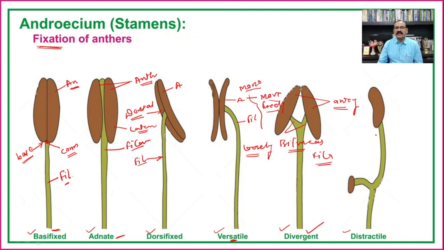Even in some cases, the anther lobes are very much distracted from each other, and hence it is known as distractile type of the fixation. So these are the 6 different types of fixation found in the different plants of the angiosperms.